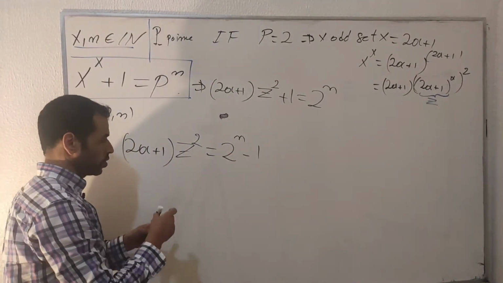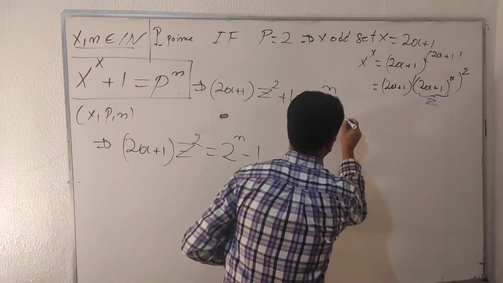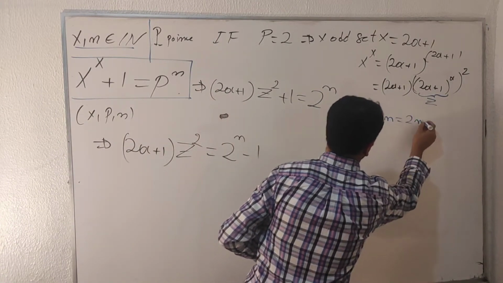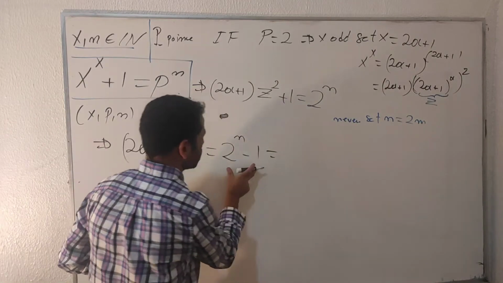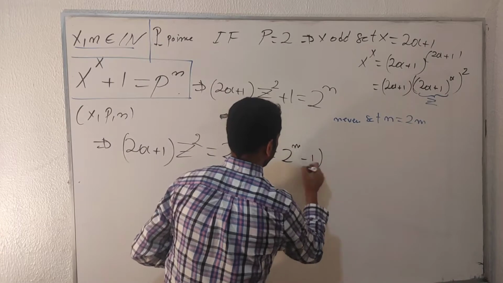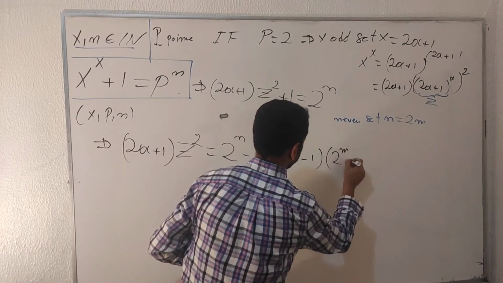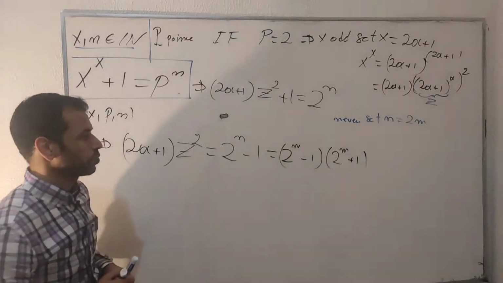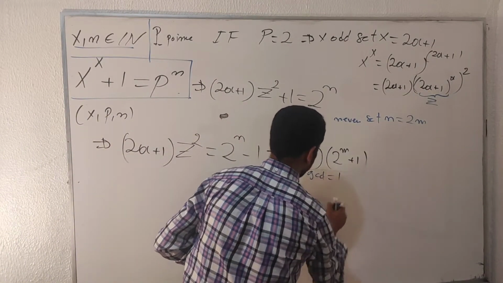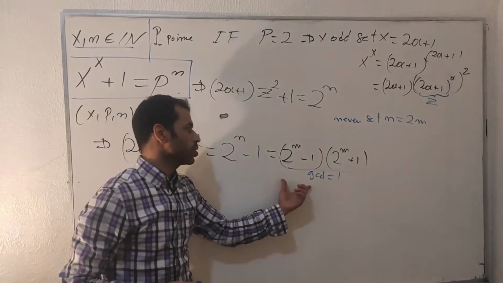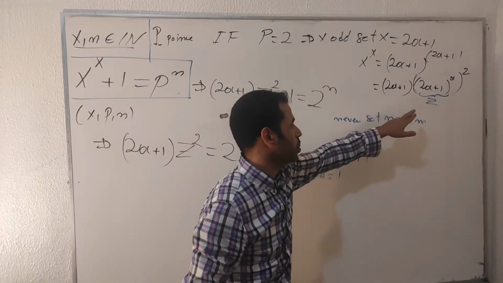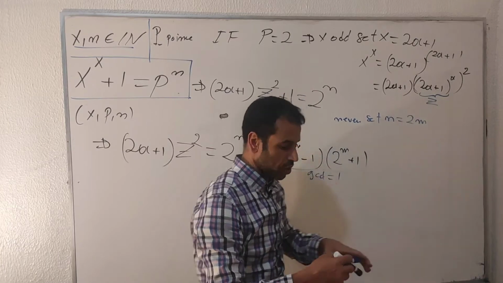If n is even, let's set n equals 2m. Which means this is going to be of the form (2 to the m minus 1) times (2 to the m plus 1). Another thing here, the GCD of these equals 1 because both terms are consecutive odds. Which means I'm going to write z with its value to make it more clear.